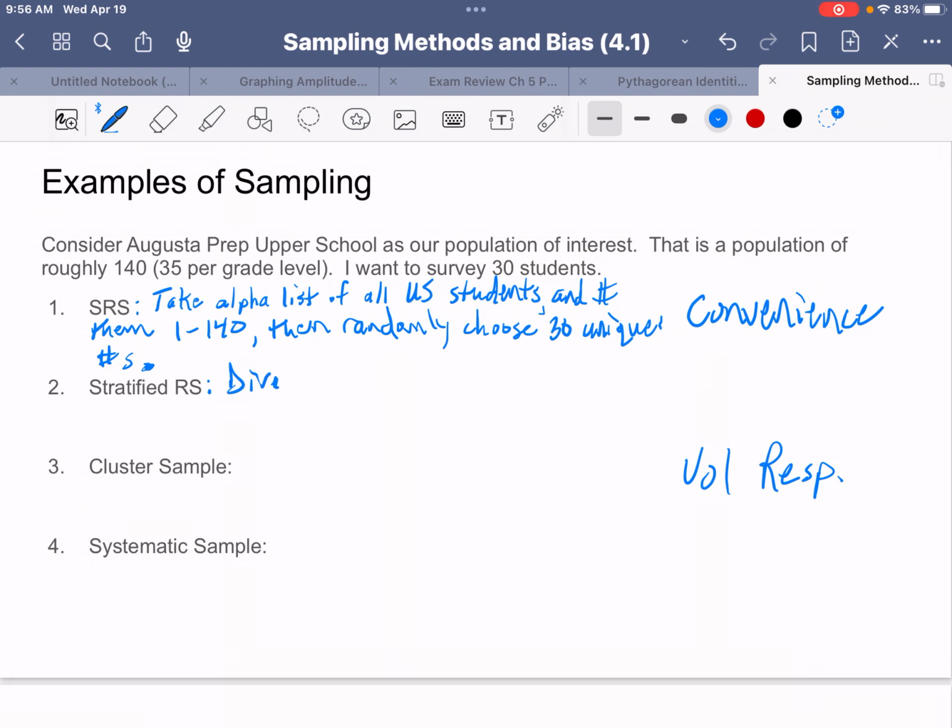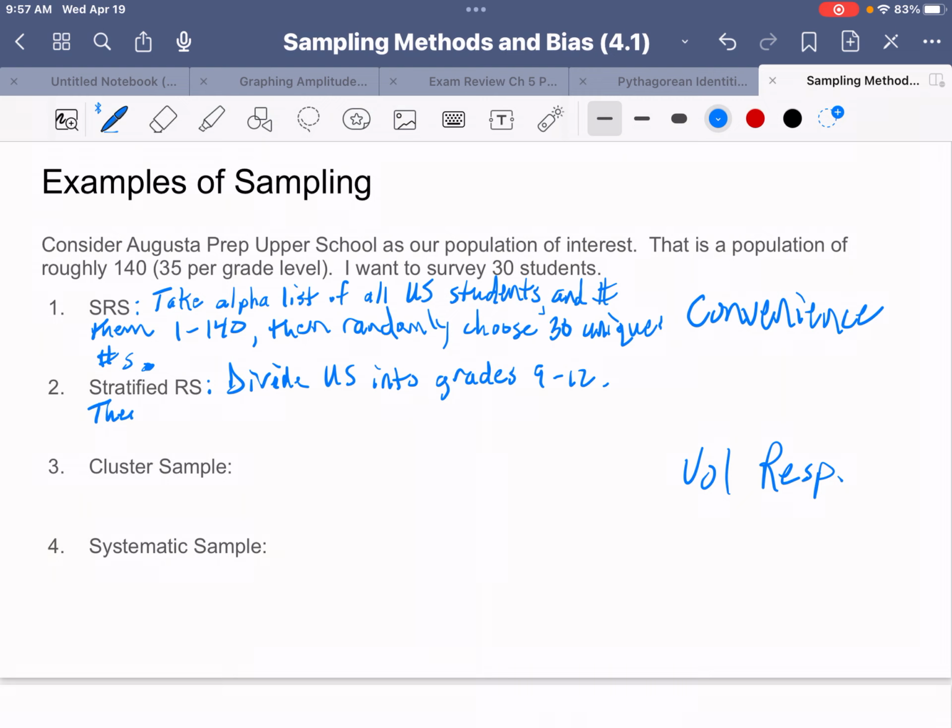Divide the upper school into grade level, 9 through 12. So you've got 4 different strata. So everybody in each strata has something in common, their grade level.